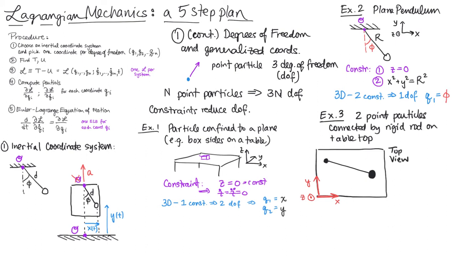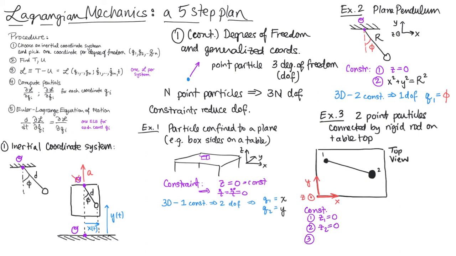And what do we have in this case? We have some constraints, right? What constraints do we have? Let me give some names to these, like 1 and 2. Okay, so some of our constraints. Number 1, the z-coordinate of particle 1 is 0. Particle 1's on the table. Same for particle 2. Particle 2 must be on the table.